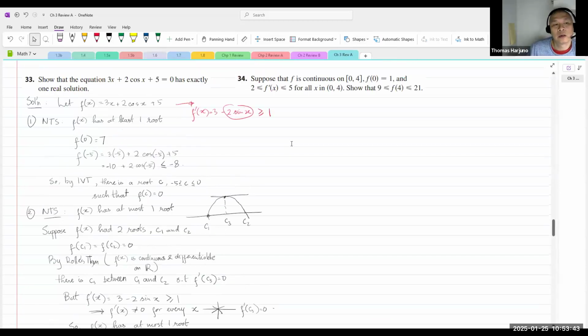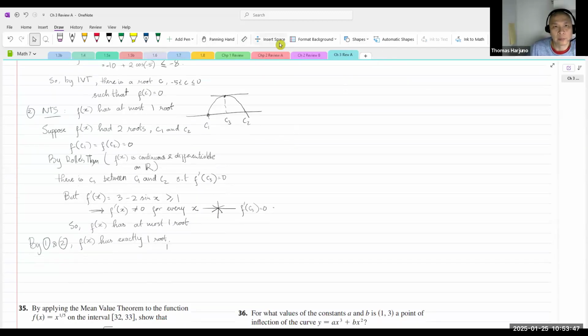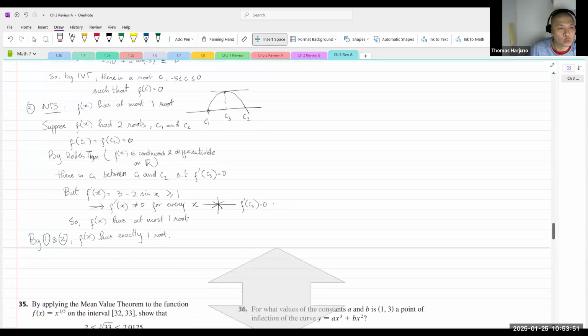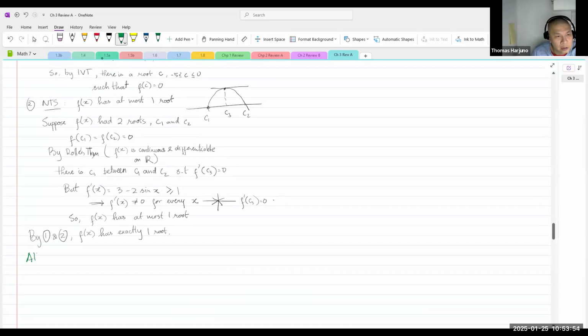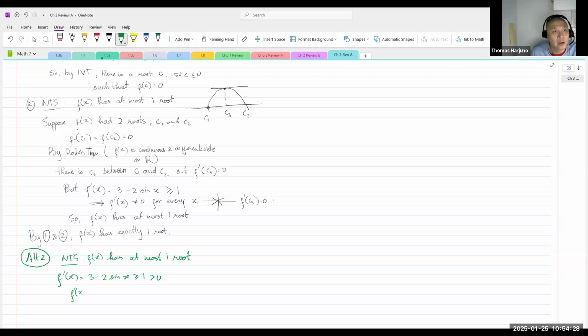But an alternative approach for step 2, to show that it has at most one root, is by showing that f prime x is 3 minus 2 sine x, at least 1, which is positive, which means the function f of x is increasing on all real numbers.